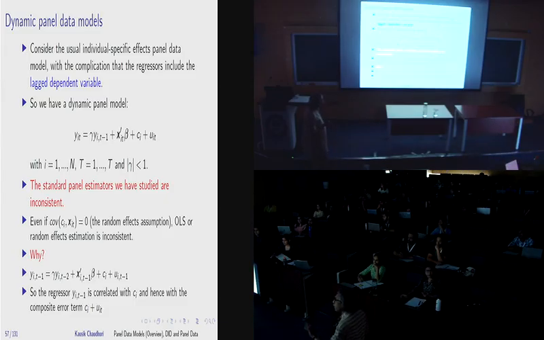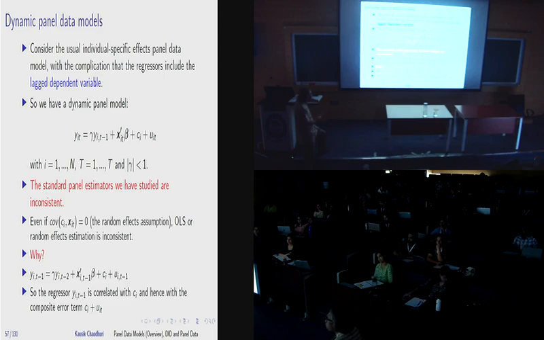Even OLS or even random effect estimation is inconsistent. Why? Think of the equation as I said to you for the previous period. So first period I have Y_it, next period I have Y_it-1, with gamma Y_it-1 replaced by gamma Y_it-2.